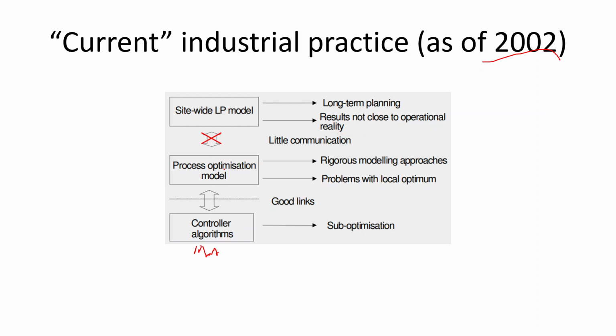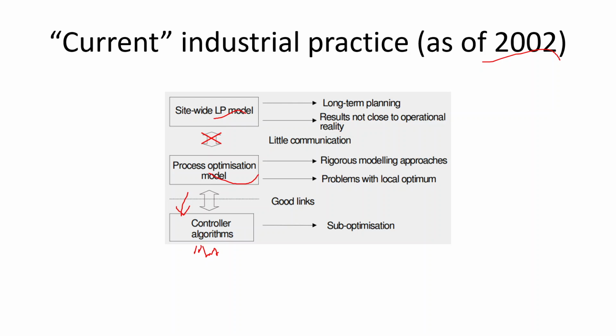And then if we already have the optimum independent variables out of the optimization problem, then we can set it here. Yeah, and then for that particular model, as of 2002, they say there's little communication between the model that we have for the unit and the site-wide linear model.